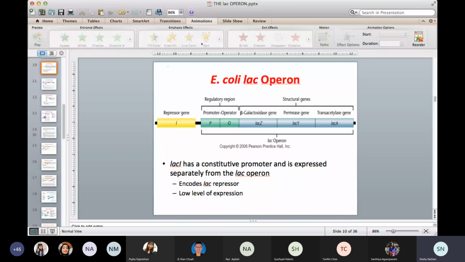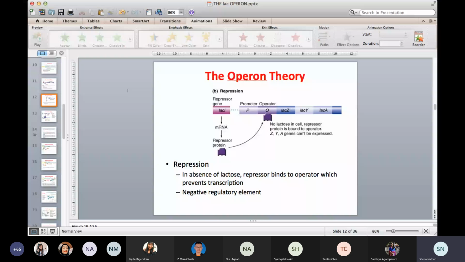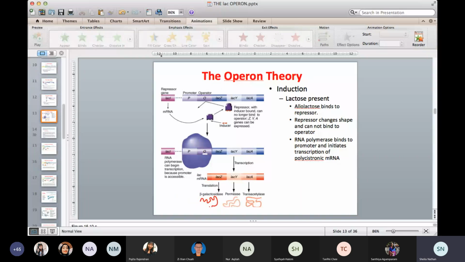Now consider the case where the bacterial cell has no glucose, but in the environment, lactose is present.